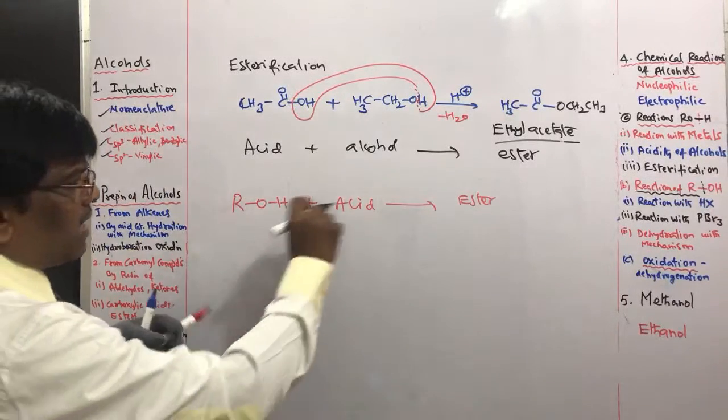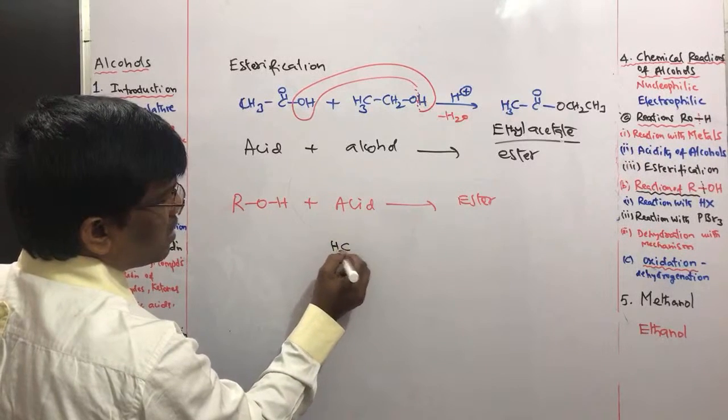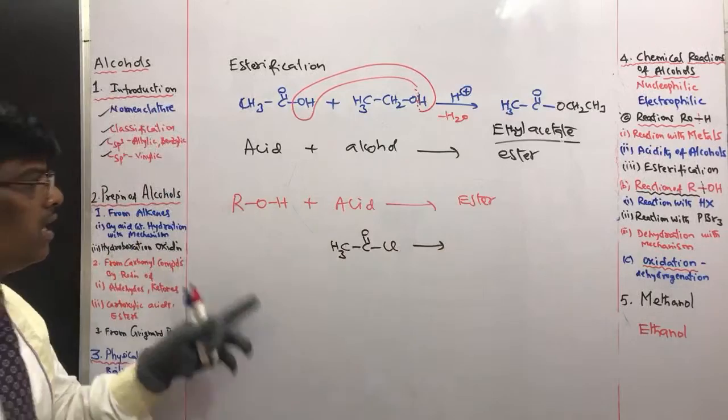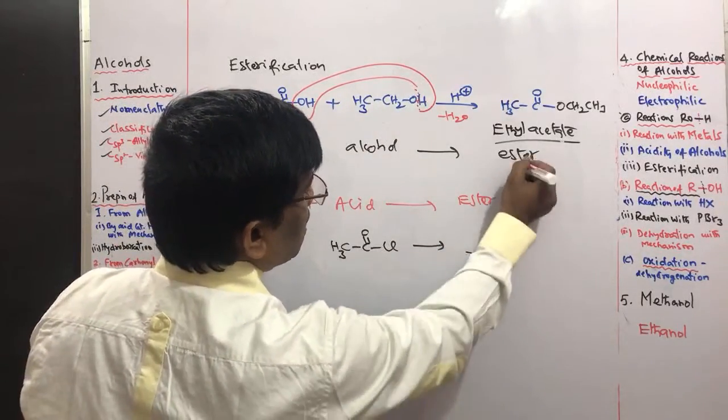In place of acid, I can take acid chloride, for example CH3COCl, acetyl chloride, and with the same ethanol I am going to get the same ester.